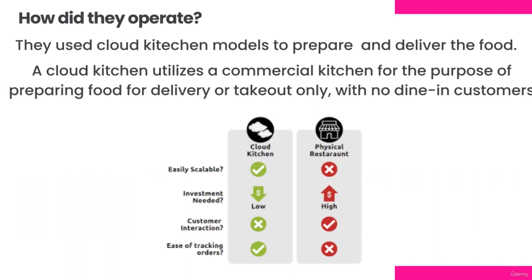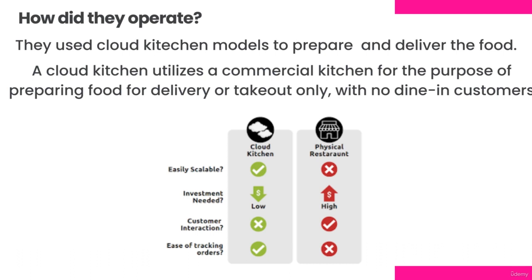Now, why is the cloud kitchen model implemented? Cloud kitchen models are implemented primarily due to cost cutting. When you set up a restaurant, there is a huge cost: high infrastructure cost, high designing cost, then high staff cost, different types of cost, right? But in the case of a cloud kitchen, these costs are not there.